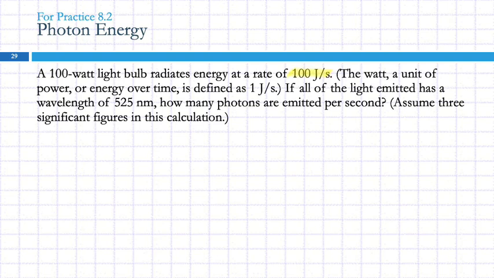And it says if all the light emitted has a wavelength of 525 nanometers, how many photons are emitted per second? It says use 3 sig figs.